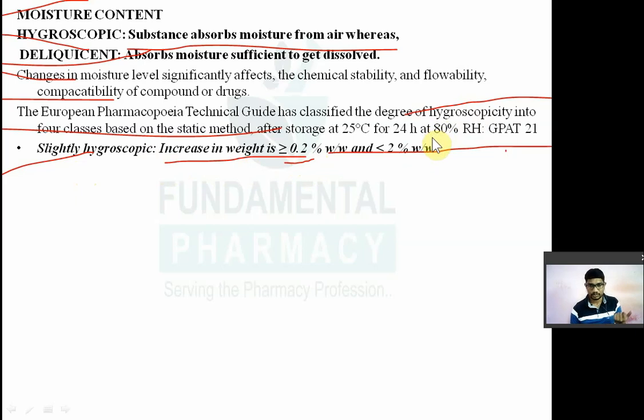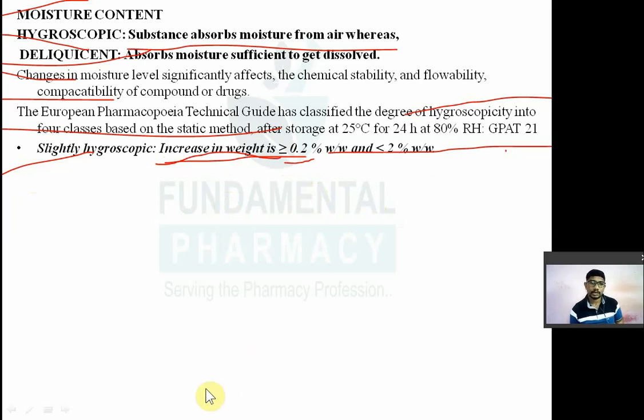They have classified these 4 types by storing the compound at a particular condition: temperature 25 degrees Celsius, humidity 80%, stored for 24 hours. Now depending on that, increase in weight is measured. So if increase in weight of that compound is less than 0.2% weight by weight, then it is slightly hygroscopic, and if it is more than 0.2% weight by weight but less than 2%.